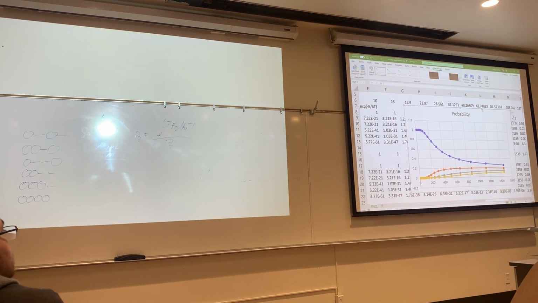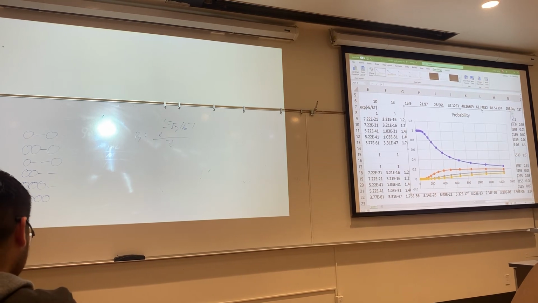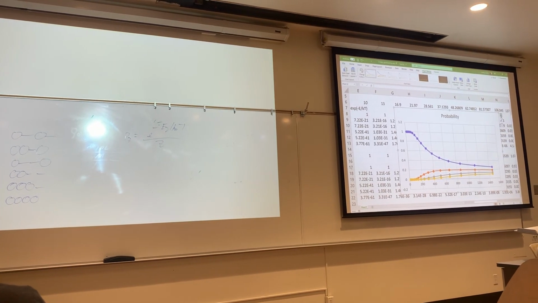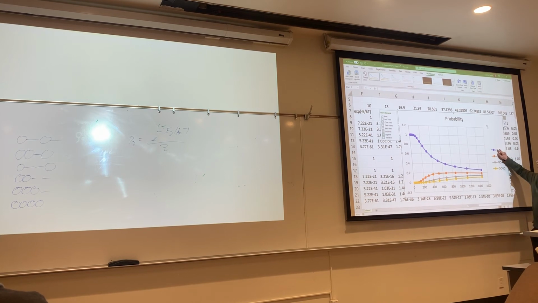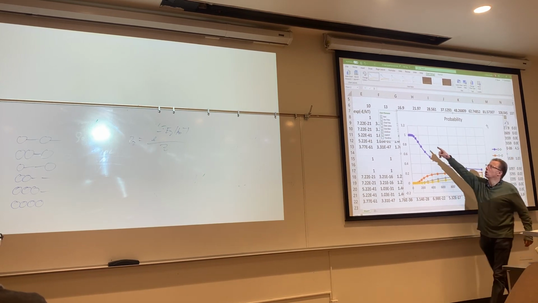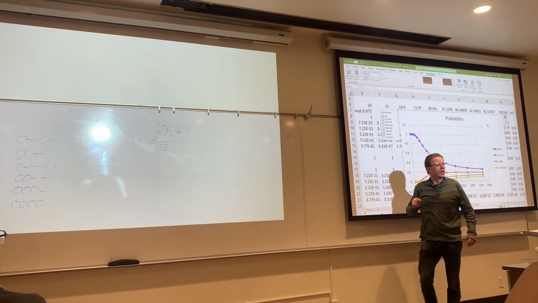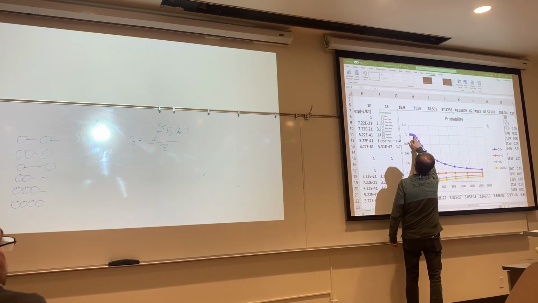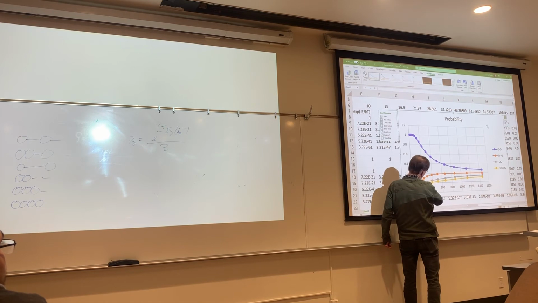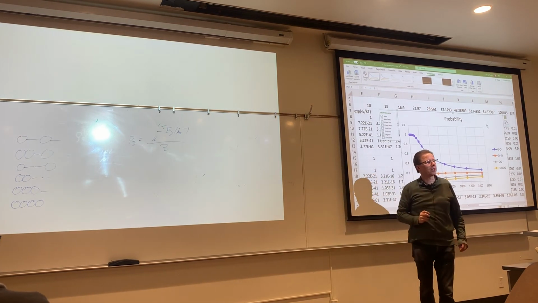So what we find over here is that at low temperatures, the molecule is all sitting in the ground state, in the state which has only one. So maybe we actually need a legend over here. So it's pretty much only in that state. And then we come to a certain temperature, maybe 50 Kelvin, somewhere there.